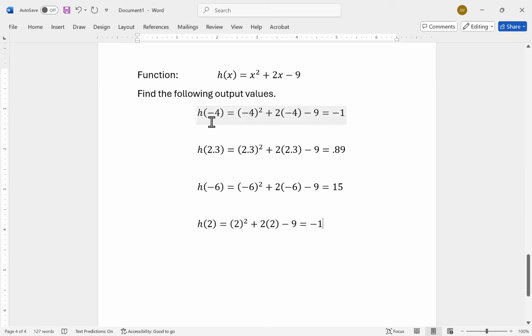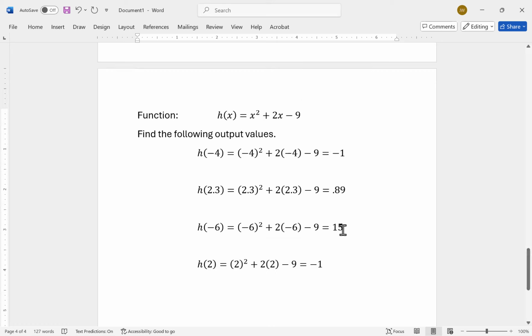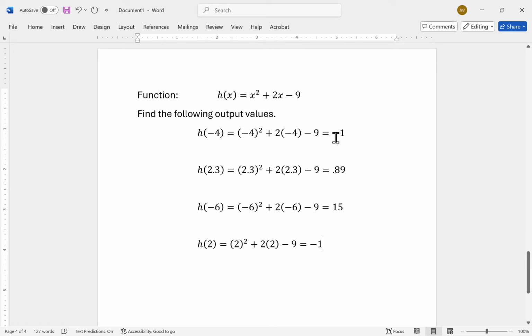But if I have two inputs with the same output, that's perfectly fine as a function. So this one is in function notation, so it's guaranteed to be a function. But that's the idea of finding these output values.